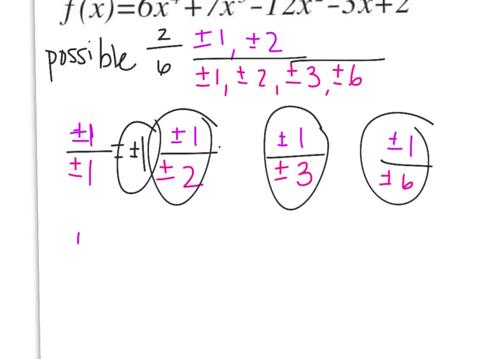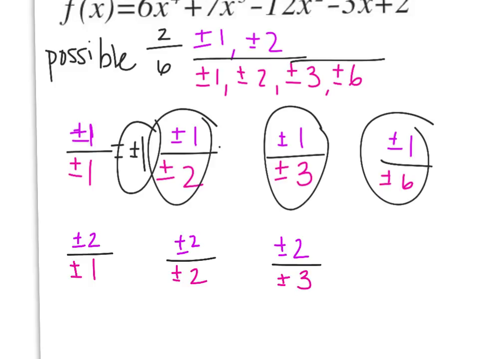All right, now I'm going to do the same thing with 2. So positive and negative 2 divided by positive and negative 1. Look at the colors if you have no idea where I'm getting these numbers from, by the way. Positive and negative 2 divided by positive and negative 2. Positive and negative 2 divided by positive and negative 3. And positive and negative 2 divided by positive and negative 6.